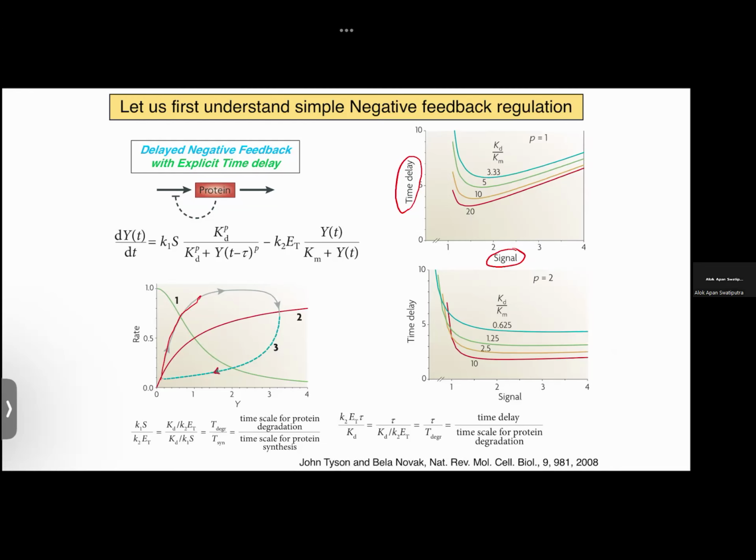If you take one quantity which is K1S by K2, for example, the rate constants' units cancel out, so it is the substrate or signal concentration. Now you can rearrange this in terms of Kd by K2 and Kd by K1S. Just some mathematical trick. Now think carefully. What is your Kd by K2?